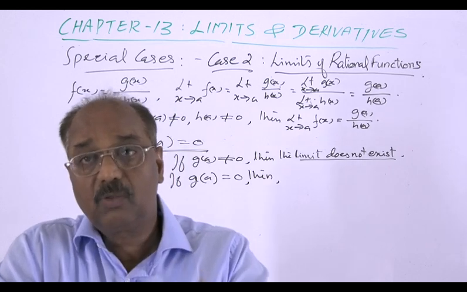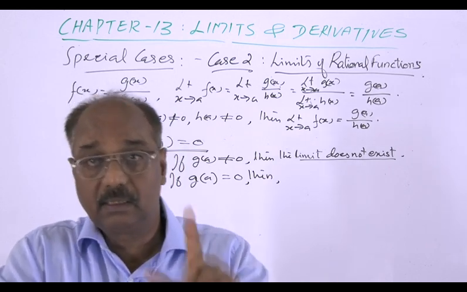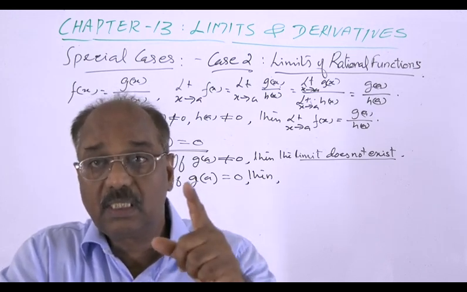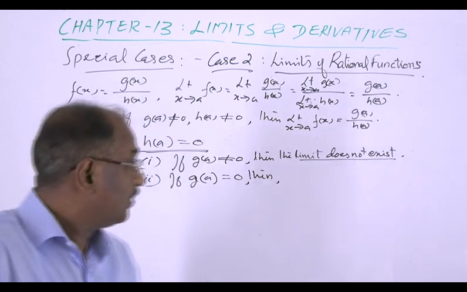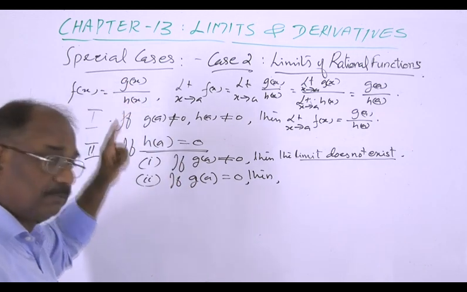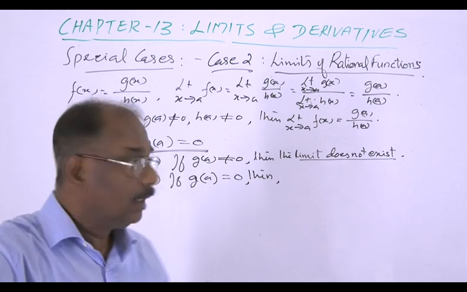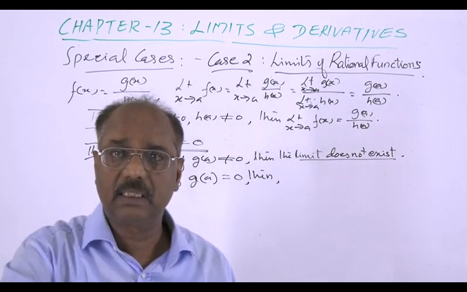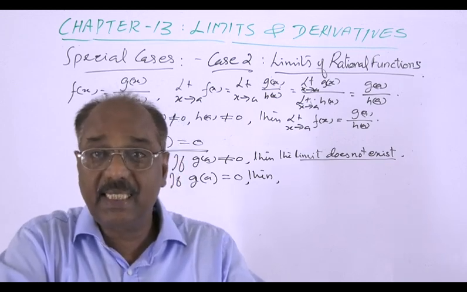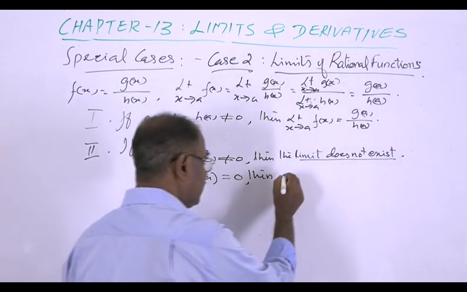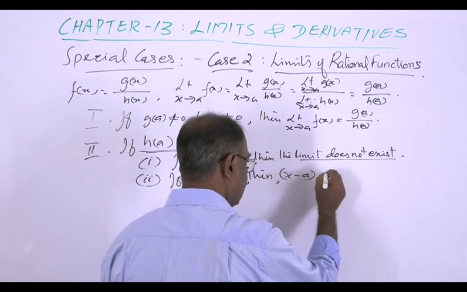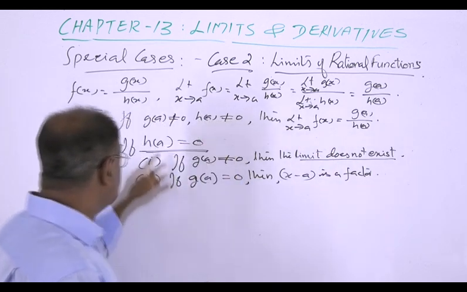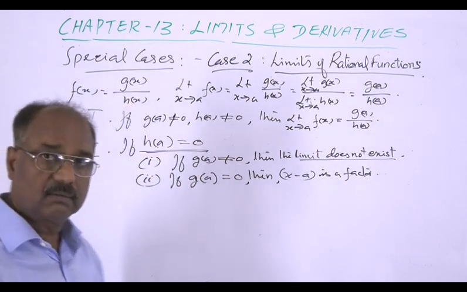Don't think that at once the 0 by 0 situation arises. In that situation, consider this function f, g(x) and h(x). g(a) equal to 0 and h(a) equal to 0, that means x minus a is a factor for this g(x) and h(x).